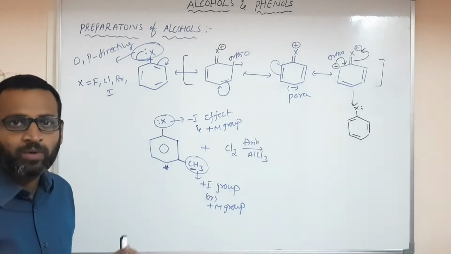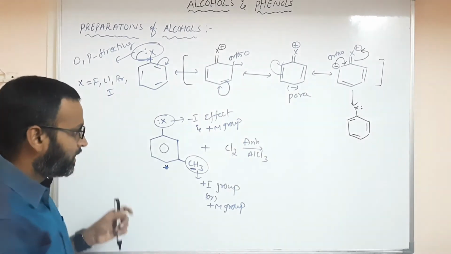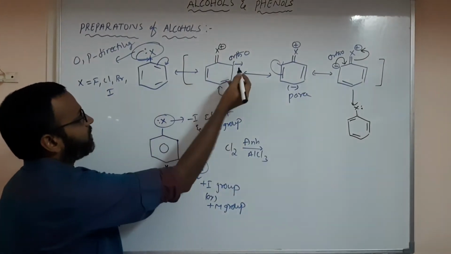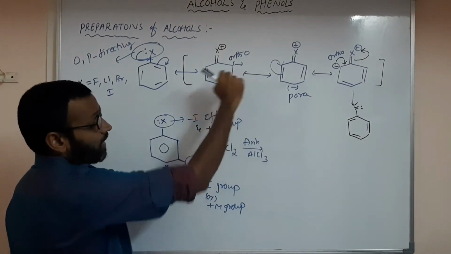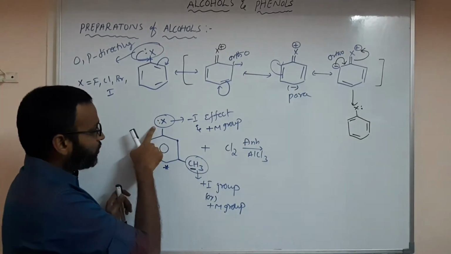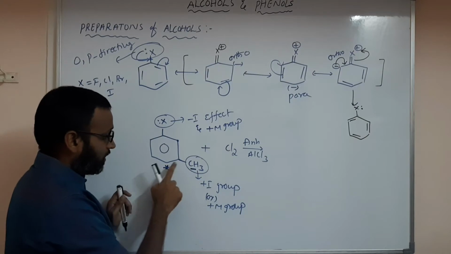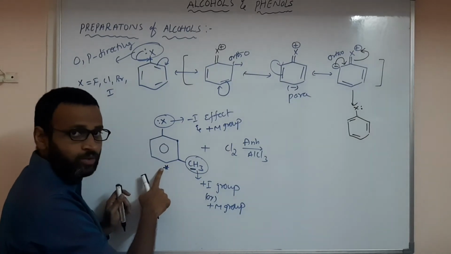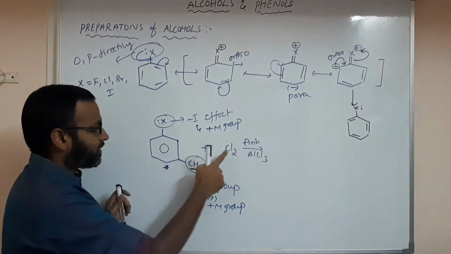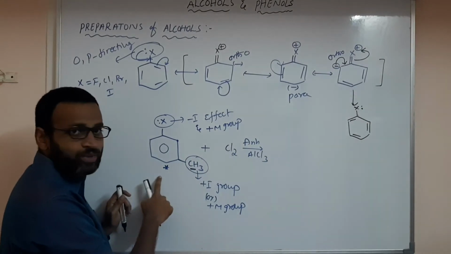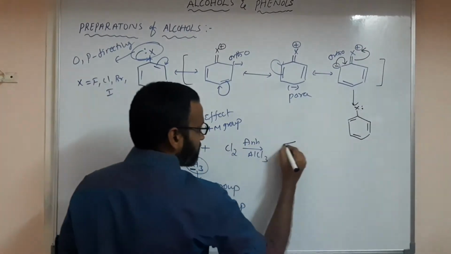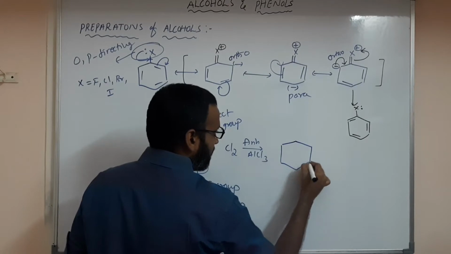This is the most important thing. Understanding? If you see here, you have negative charge at ortho due to X, and due to methyl you have negative charge here. But at para also you have negative charge and less repulsion. That's why this chlorine will substitute here. This is the most important exceptional thing.